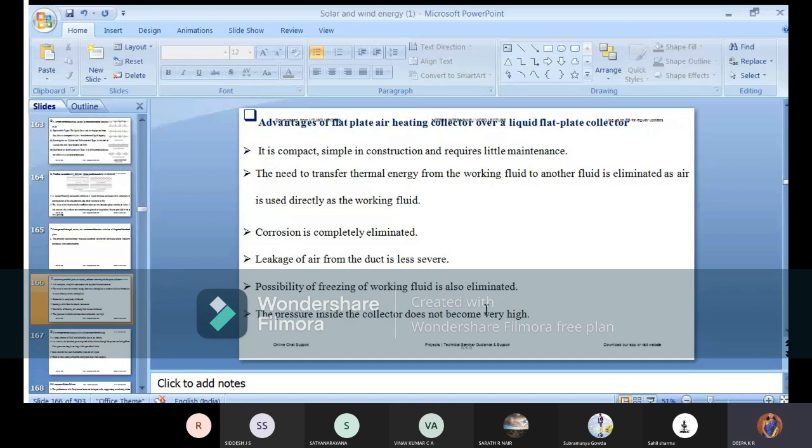Next, the last point: the pressure inside the collector does not become very high. Let us link these two points. Let us assume we have an obstacle of ice formed in between the pipe. What happens as the temperature increases? Your water starts forcing up, so you're creating a pressure in the system, and it can explode.